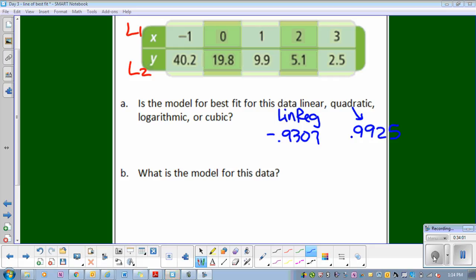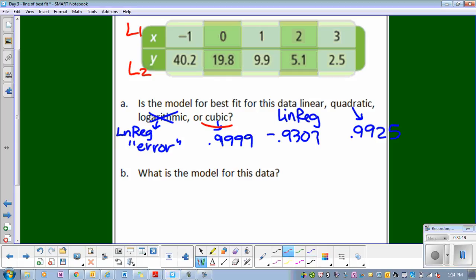Log, which is ln reg, you get an error, so that one is out. And then cubic, 0.9999. So the winner here is cubic.